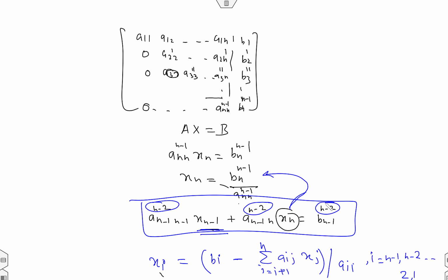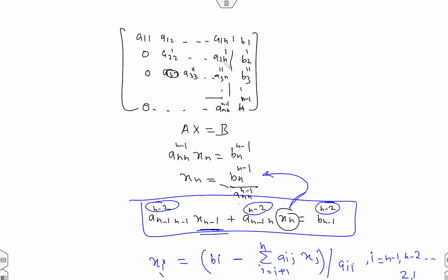Suppose you are computing the value xn minus 1, then the subscript will be n minus 2. If you are computing i equal to n minus 3, then the subscript will be n minus 4. So just keep in mind, if you are computing x2, the subscript will be 1. Okay, so this is your Gauss elimination method.